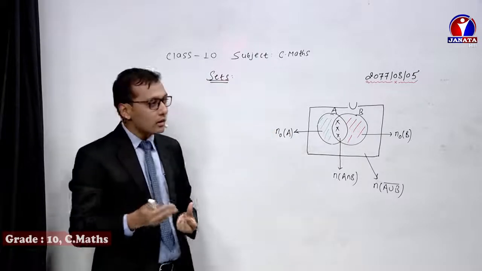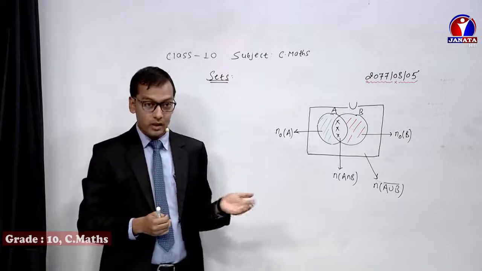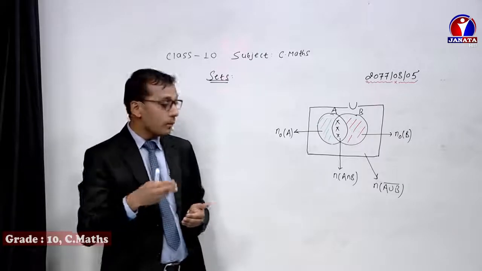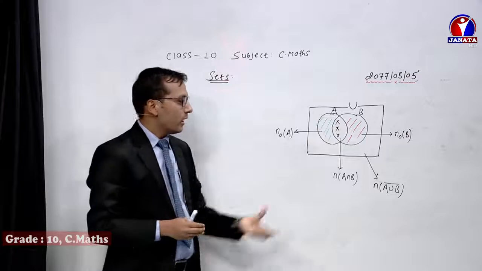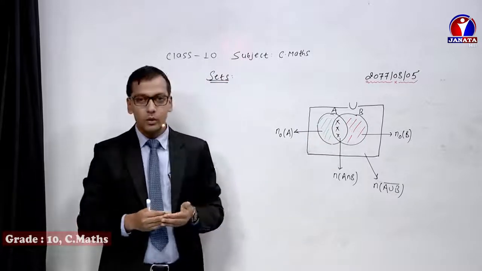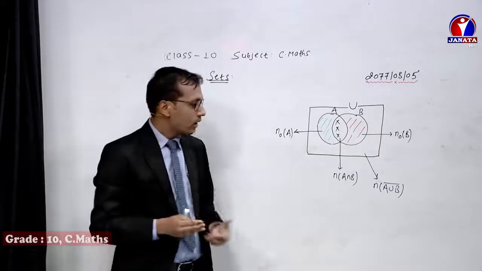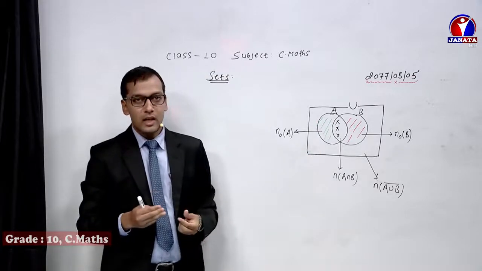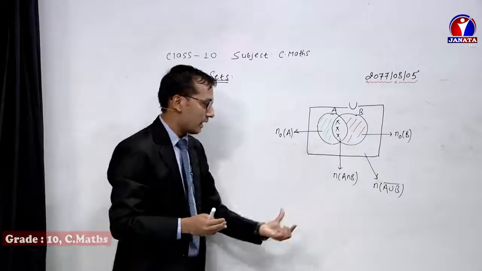Though there are two methods to solve questions based on two subsets or three subsets, basically word problems, I will be focusing more on the Venn diagram method. I am not sure how you did questions in grade 9 and grade 8, but I prefer the Venn diagram process. Though there are two methods, formula based and Venn diagram based, my focus will be more on the Venn diagram.